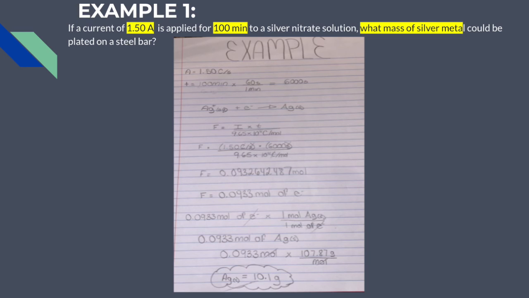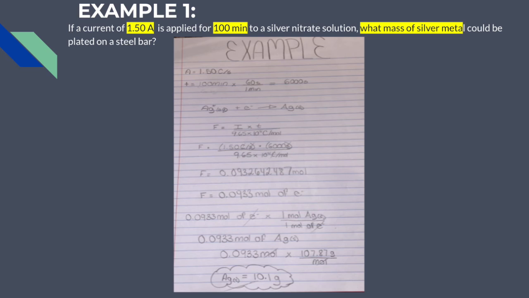And what we need to do, like our first step, is to calculate the number of moles of electrons. So what I did first was I wrote down all my symbols and what I know. However, we need to convert our 100 minutes to seconds. So here I did that, and we got 6,000 seconds. So now I think I'm ready to go to find the number of moles of electrons.